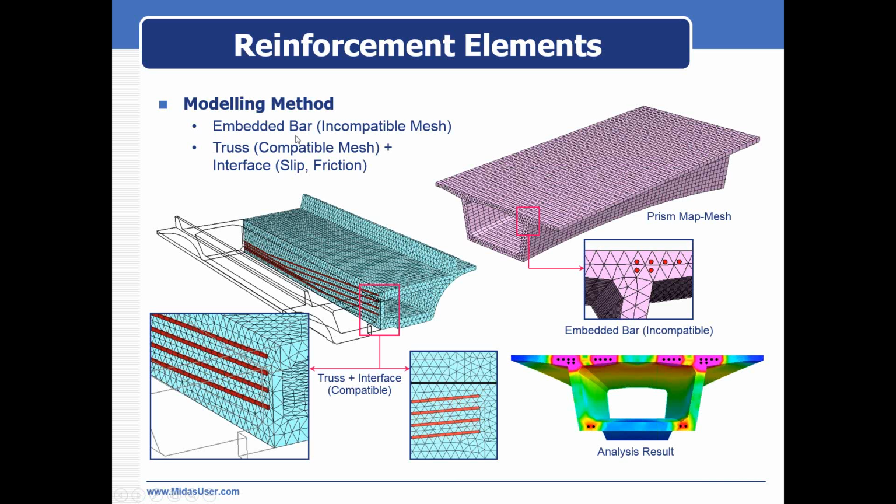In the first method, the rebars can be defined as embedded bars and they don't need nodal connectivity as shown here. The other method is to model the reinforcement as truss element with interface defined all along it. For the second method, we need to have the nodal connectivity. So the engineers could choose which method they want. Embedded bar is the most commonly used one.